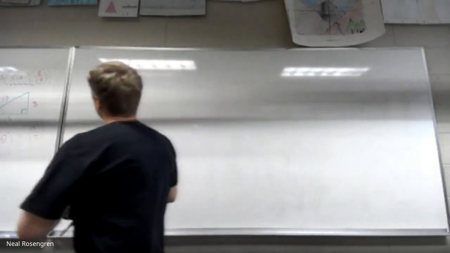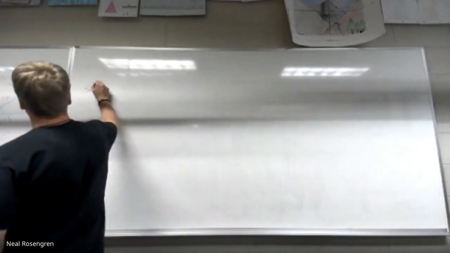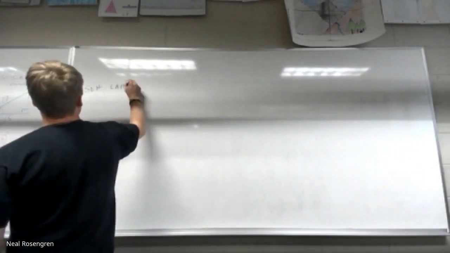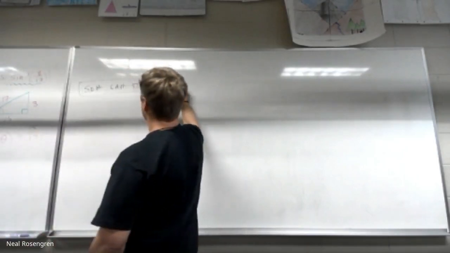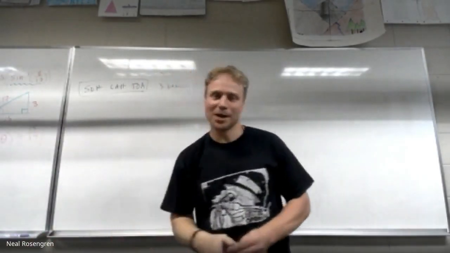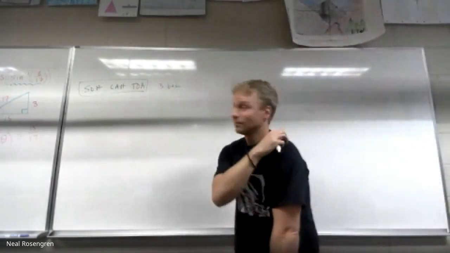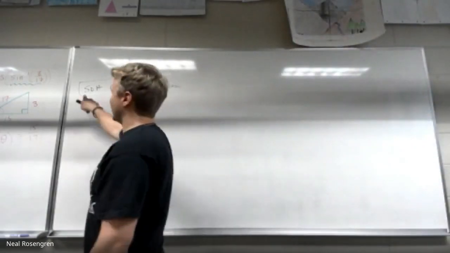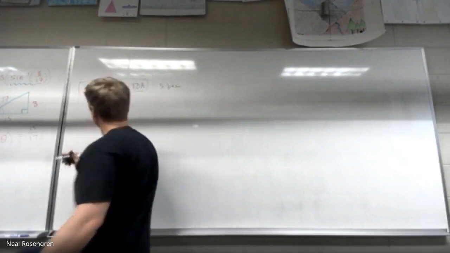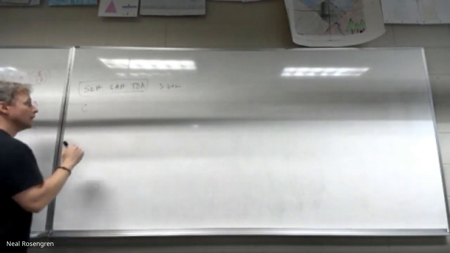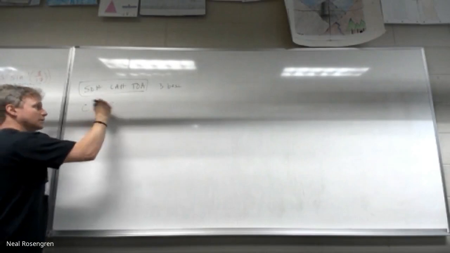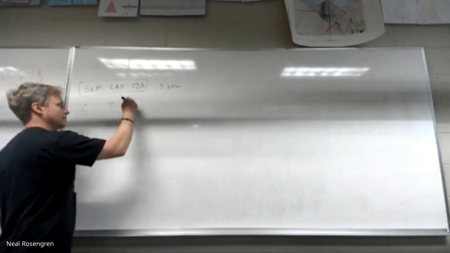Right, so SOHCAHTOA was the basic ones, your 3 basic trig ratios for sine, cosine, and tangent. Well, they have their reciprocals, right? The reciprocal of sine is cosecant. The reciprocal of cosine is secant. The reciprocal of tangent is cotangent.